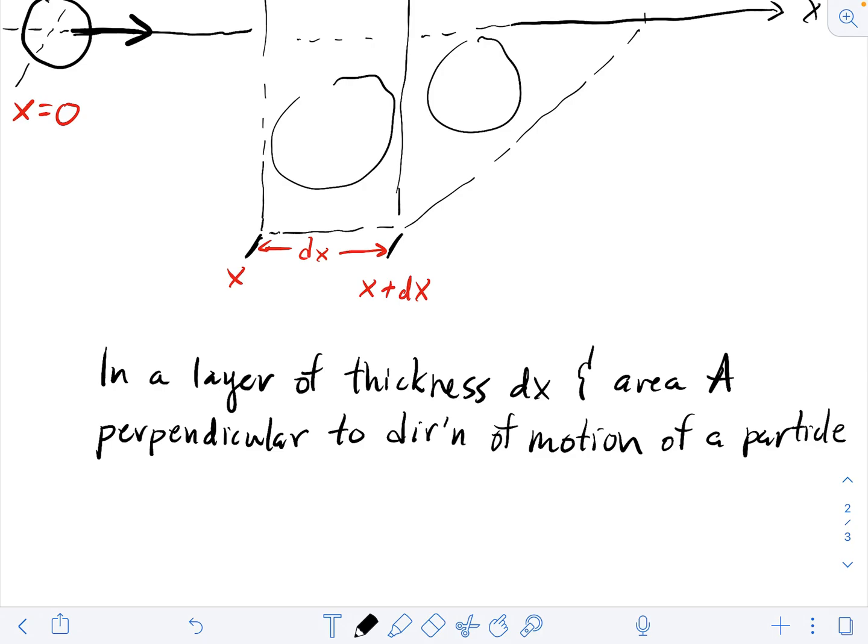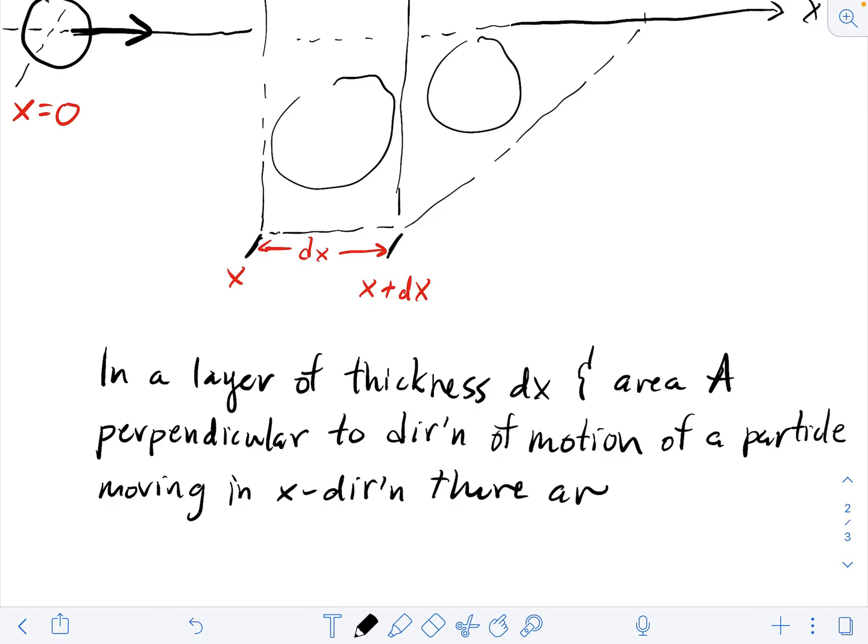So this area A is in a plane that's perpendicular to the x-axis.